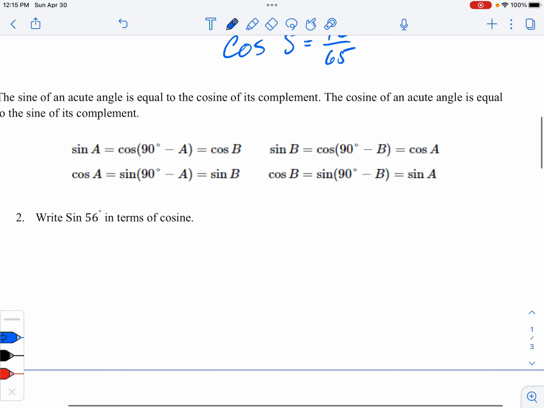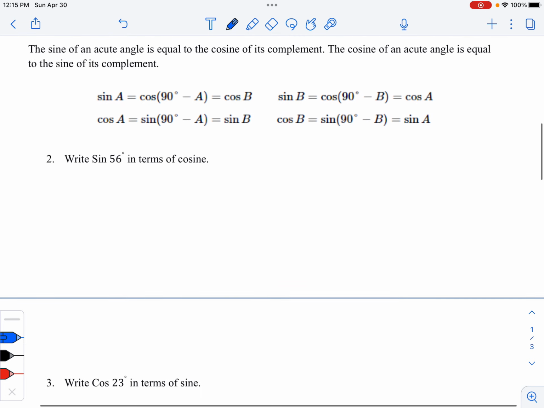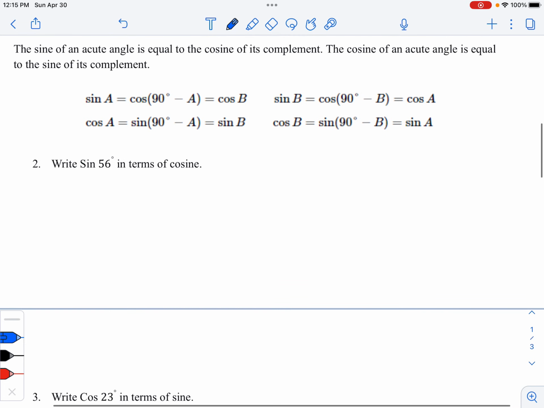Moving on, there's a relationship between sine and cosine. This next question is asking us to write the sine of 56 in terms of cosine. What this means is, if we think about the sine of 56 degrees, we know that is some ratio of sides.